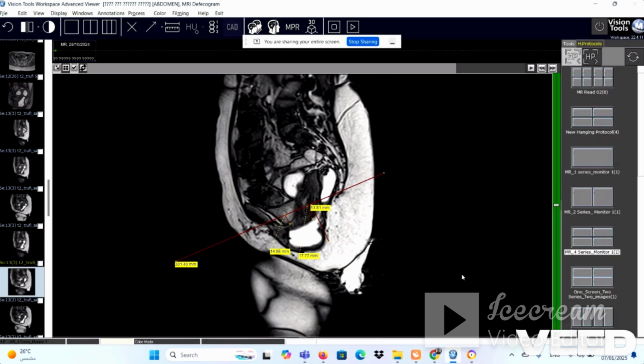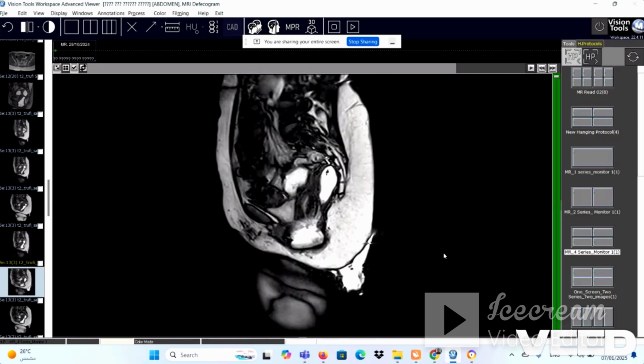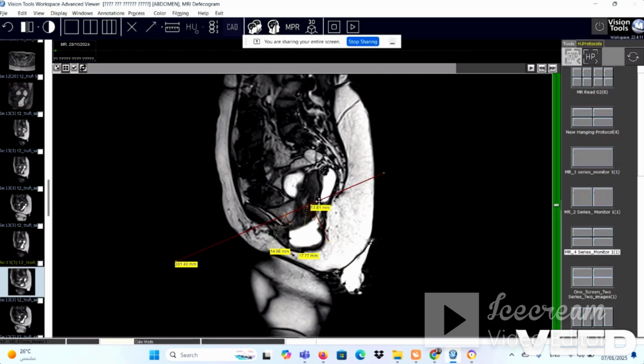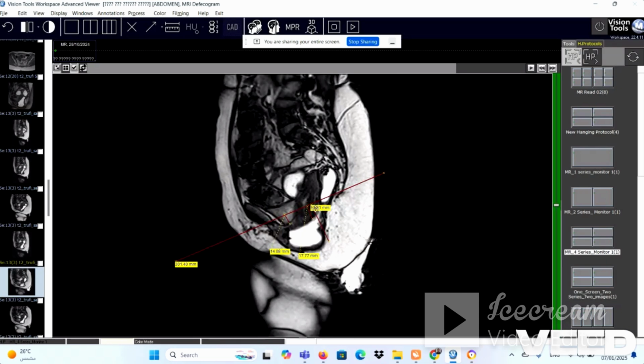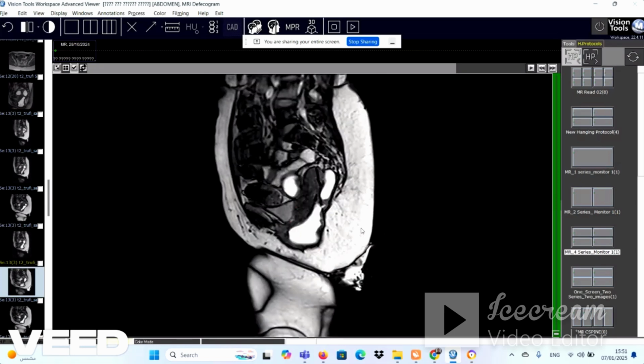We don't have any peritoneal defect, and no invagination of bowel loops between the rectum and vagina. So we don't have any peritoneocele, enterocele or sigmoidocele. We just have a mild degree of prolapse of the anterior compartment and a mild degree of prolapse of the middle compartment.